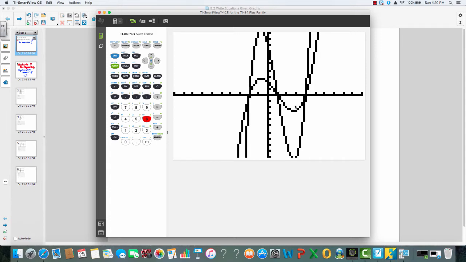But they have the same roots. That's important to realize. There are many, many equations or functions that can be graphed and have the same exact roots, but they might be amplified, stretched.